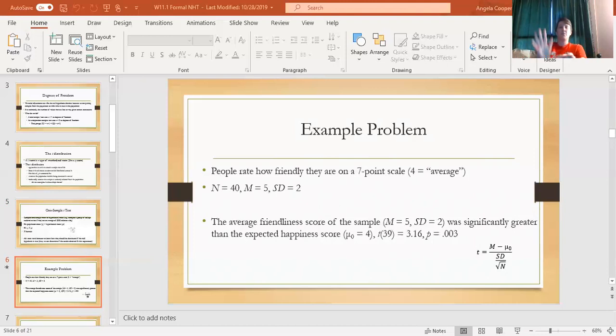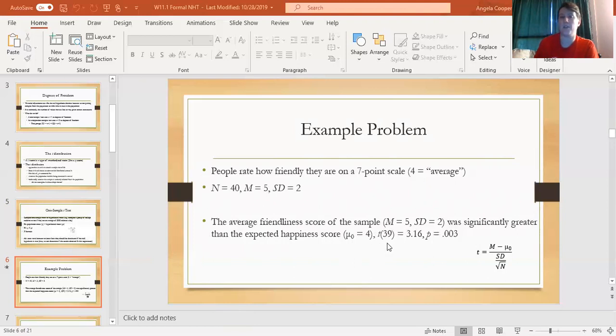So the sentence below is kind of how, if we were to write an APA style report on this one sample t-test, you'd report that in your results section. The average friendliness score of the sample, with a mean of 5 and a standard deviation of 2, was significantly greater than the expected friendliness score, where that expected mean is equal to 4.